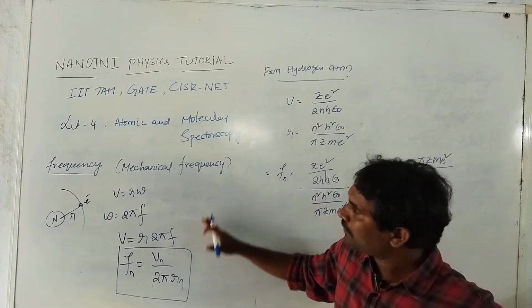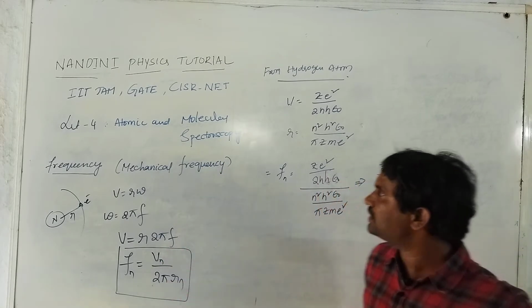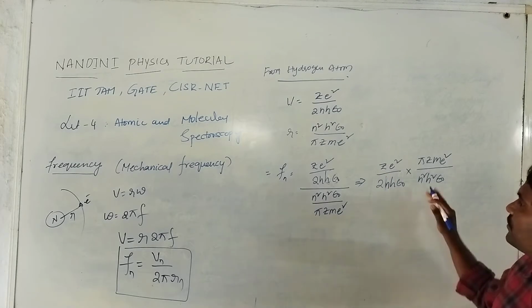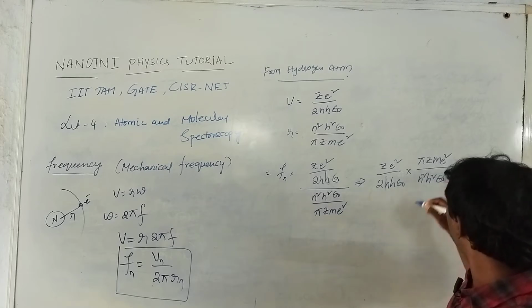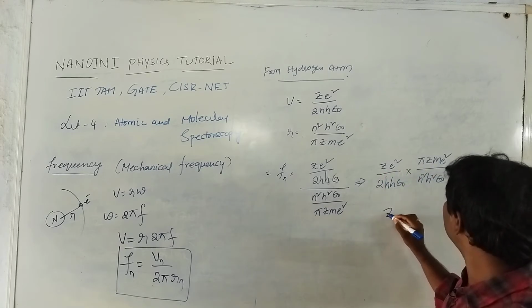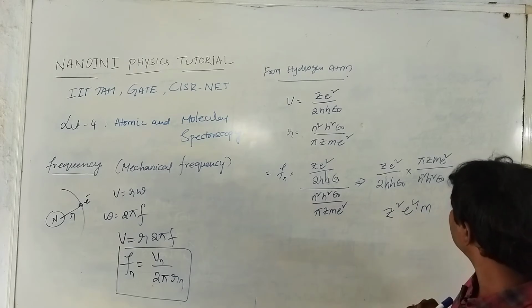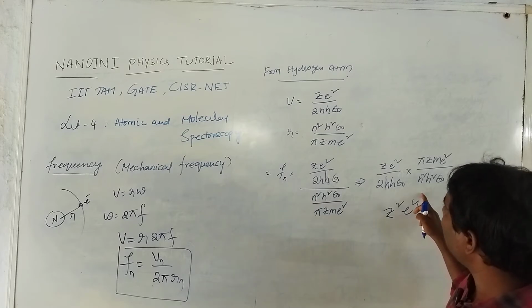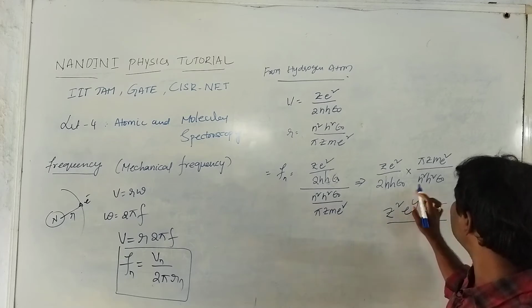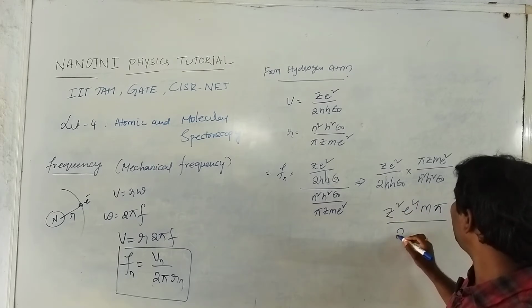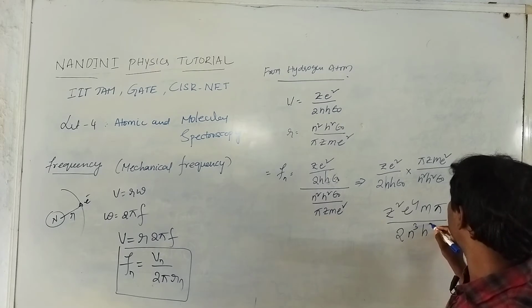So I want to find out the mechanical frequency of the nth orbit. Now I will simplify in terms of velocity and radius. See here what will be cancelled. This is Z square e power 4 m, and pi times 2 times n cube h cube epsilon naught.